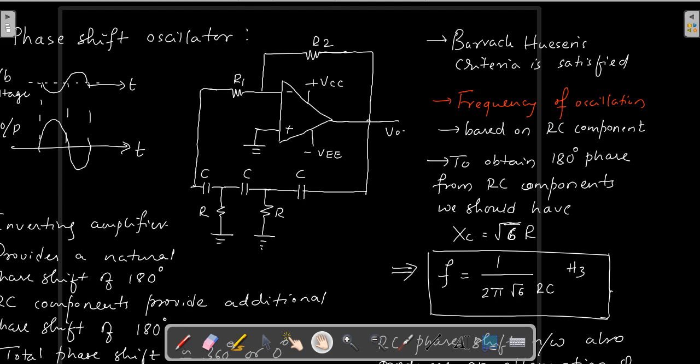So you can see here, without taking any input, your circuit is going to have sustained output oscillations. That is the reason why it is called the phase shift oscillator.